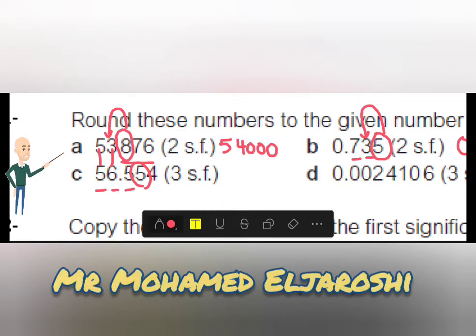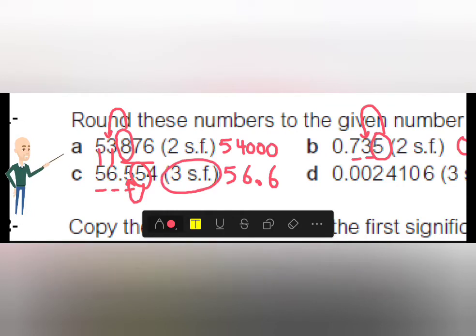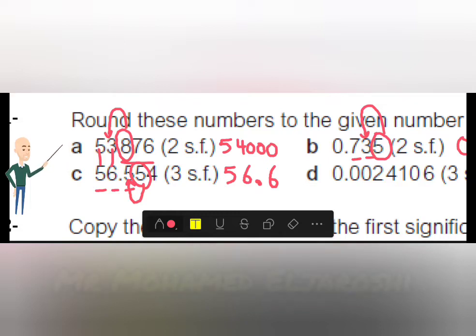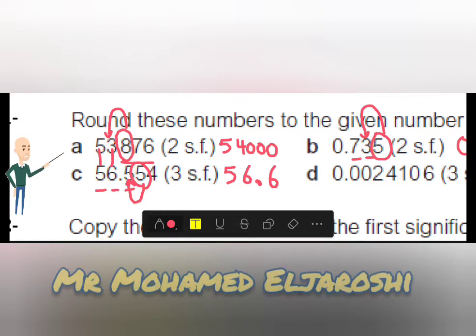The 5 is a big number, so we're going to add 1 to the number before it, and it's going to be 6. And when we write the answer, we write 5, 6, decimal point 6. As I told you, three significant figures means three numbers in the answer, and the rest of the numbers you can write them as zeros.